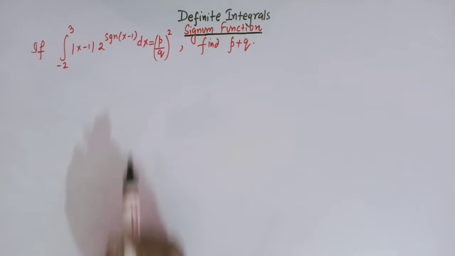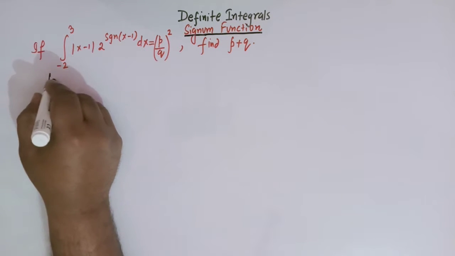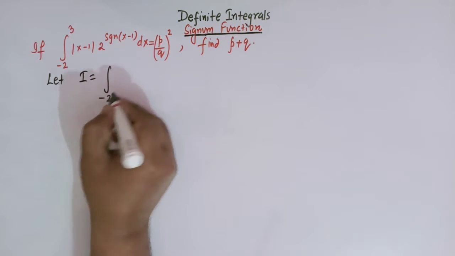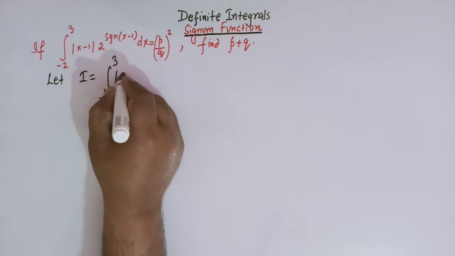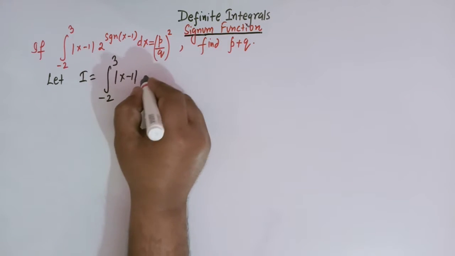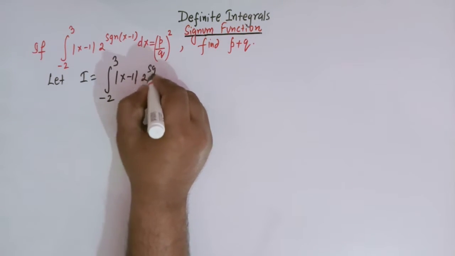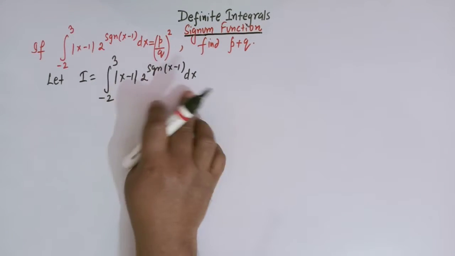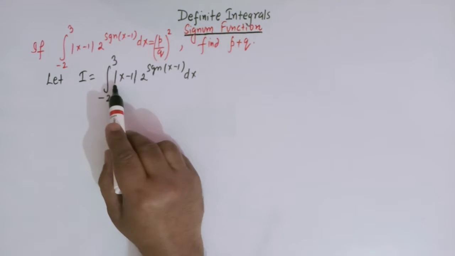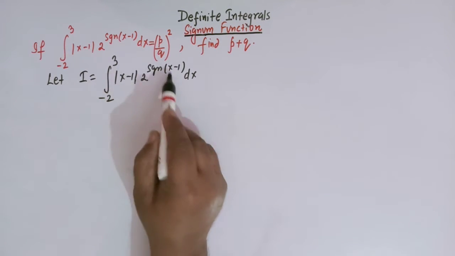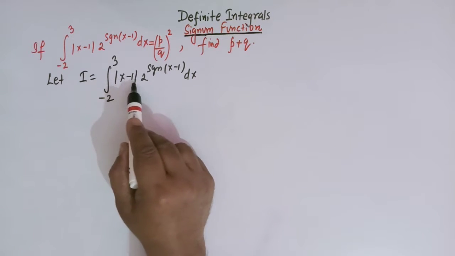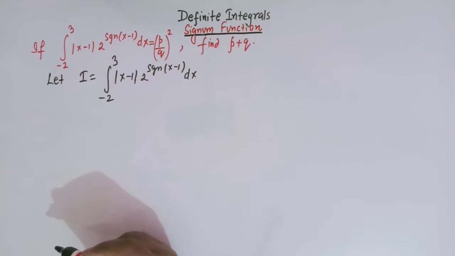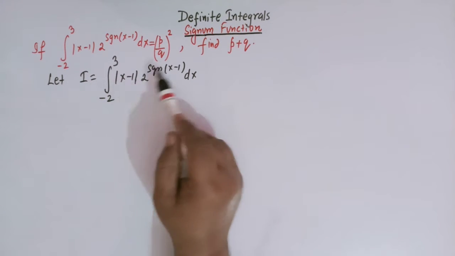So let us start. Let us first take this integral as I. So we have the integral from -2 to 3 of |x - 1| times 2 raised to signum of (x - 1) dx. Now the integrand is a combination of mod function and signum function, so we have to be careful about these two functions.